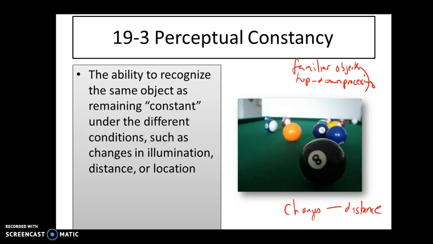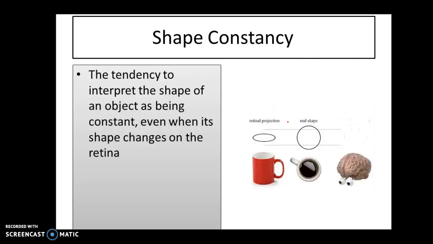So bottom line, this is sending a different image in terms of size onto the retina than this is. But yet, I perceive them as the same. I actually don't think this pool ball is bigger than that one. I'm using top-down processing. So again, take a look at that definition that's right there. Let's go into a little bit more detail here.